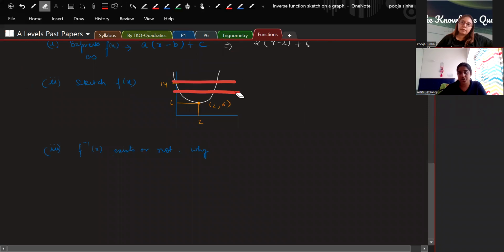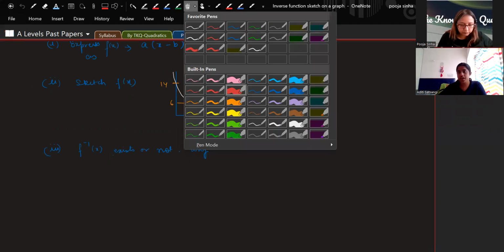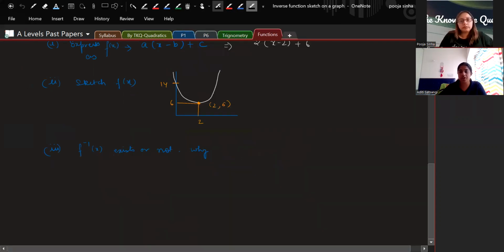As we do the horizontal line test, the line is cutting at 2 points of the parabola, hence deducing that it's a many to one function.